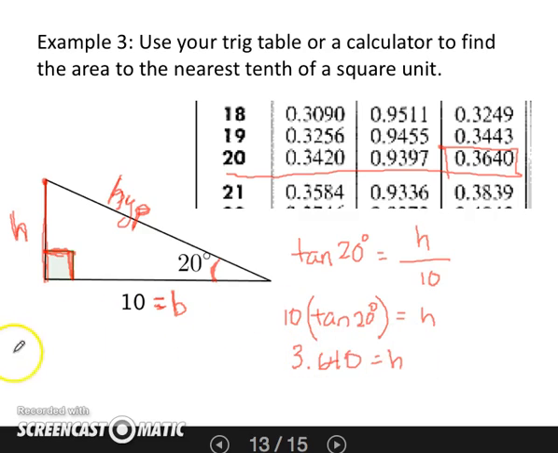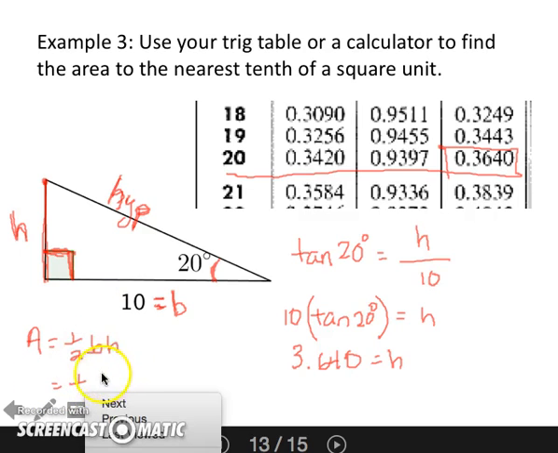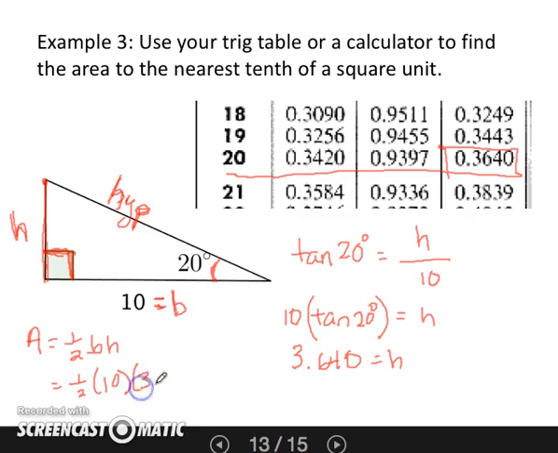Okay, now for area. Area is going to be 1/2 base times height. So I have 1/2 times 10 times the height, which I've just found, 3.640.